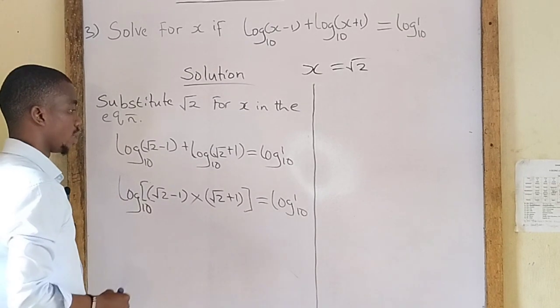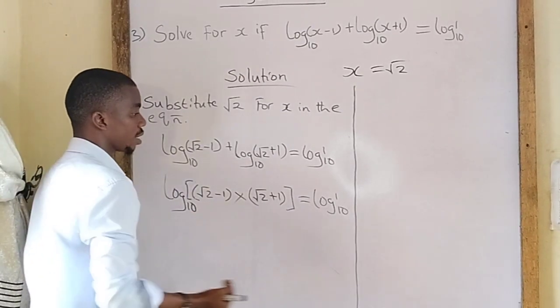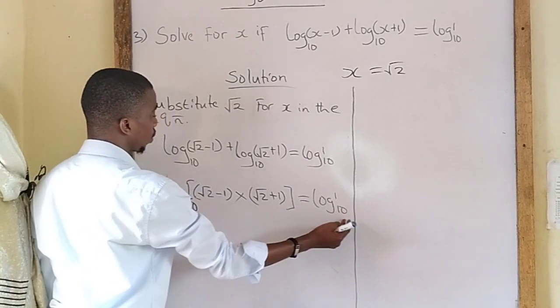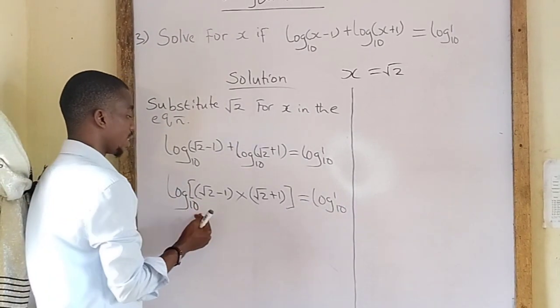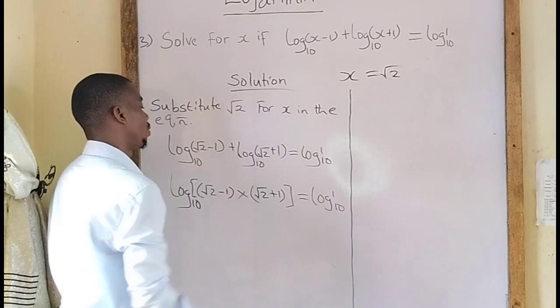All right, and so what next are we going to do here? You can see we have log base 10 on the left hand side and we have log base 10 on the right hand side.